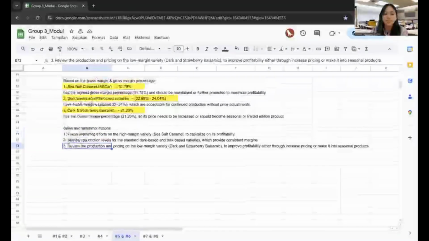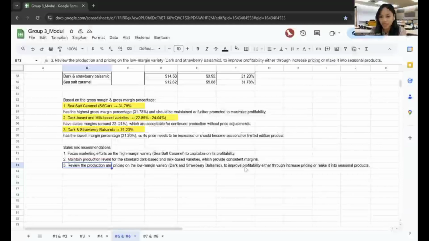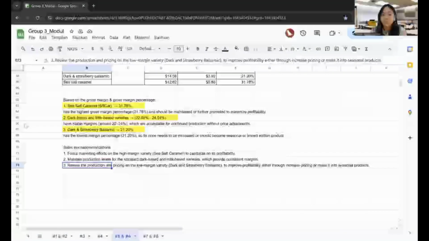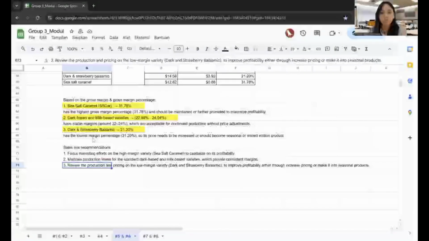And the last one is to review the production and pricing on the low margin variety, which is the dark and strawberry balsamic that has 21%. To improve profitability, the company can either increase the price of this product or maybe make the dark and strawberry balsamic into a seasonal or limited edition product.